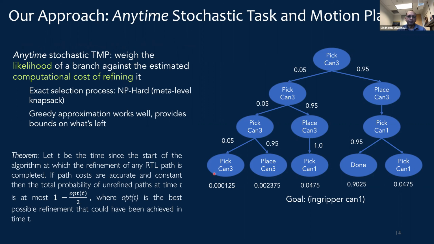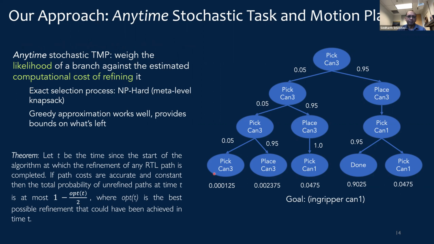And you can view this as the value of refining this particular path into a bunch of motion plans for the robot. So each node here is representing a high-level action. So a pickup can action is actually a set of low-level planning problems for the robot because it has to figure out how to pick up the can, what grasping pose to use, how to move to it, and how to raise it.